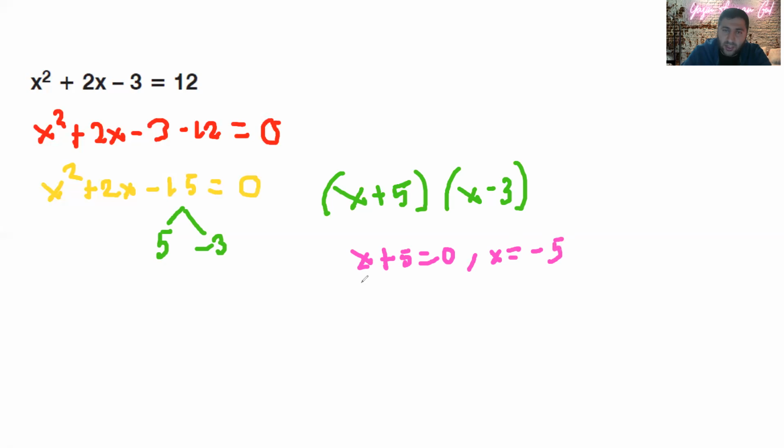Then I'm going to do this one here. x minus 3 equals 0. Then x equals, take this negative 3 to that side, it's going to be positive 3. Okay, so x is either negative 5 or positive 3.